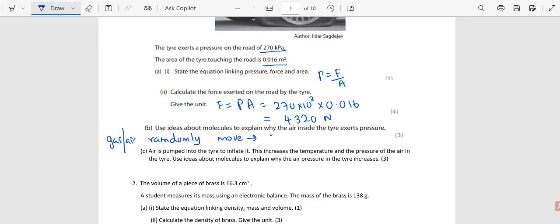So when they randomly move, what happens? They collide with the walls, right? So each collision exerts a force, right? So then force causes the pressure. So write like this, I mean, not using arrows, just mention gas particles move randomly, they collide with the walls, then they exert a force. So that force causes pressure.